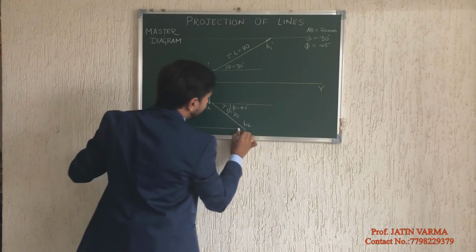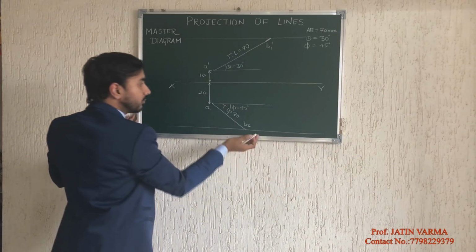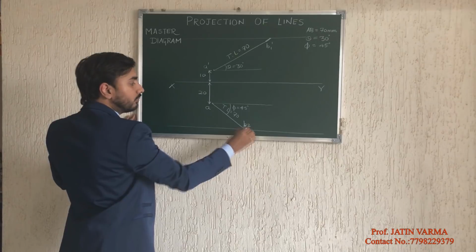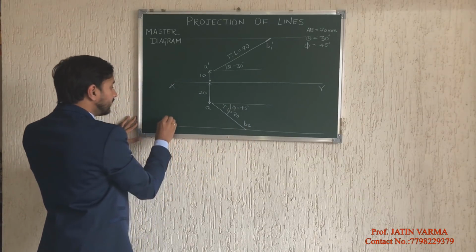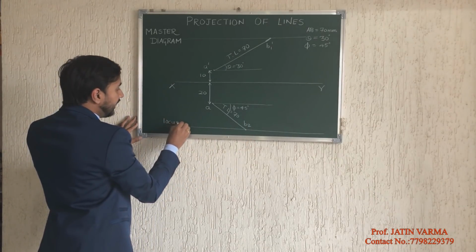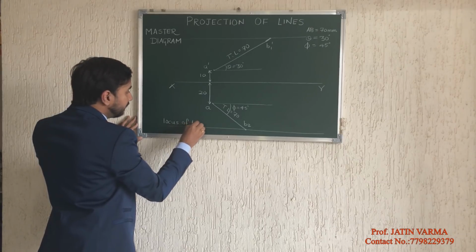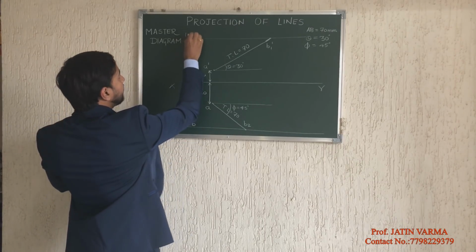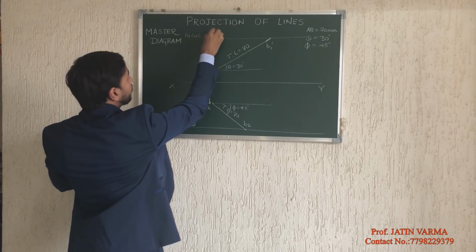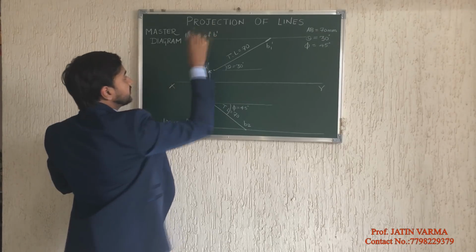Similarly, from here also I am drawing one line which is parallel to XY and passing through B2. I will be calling this line the locus of B. Over here I will be naming this line the locus of B dash.